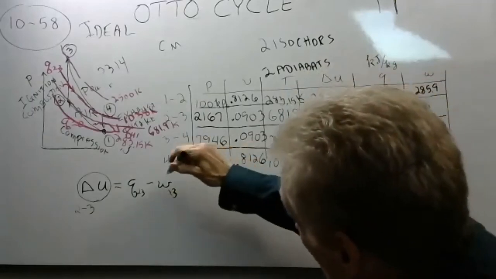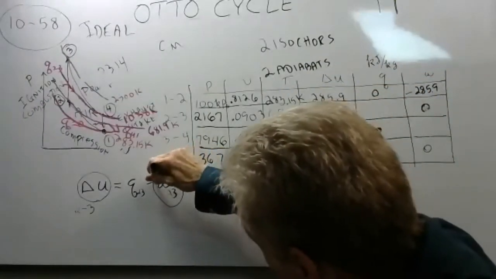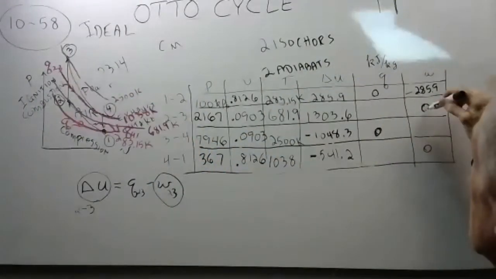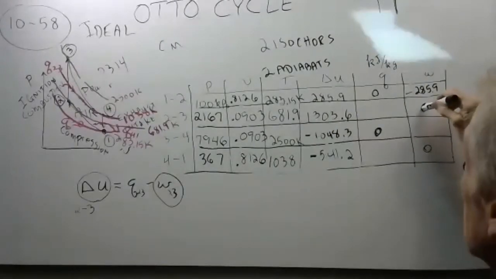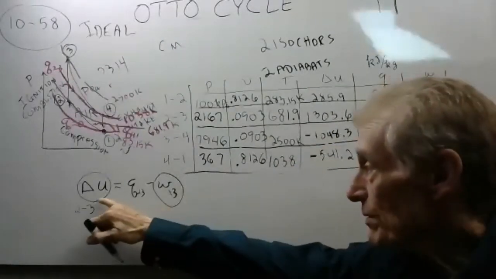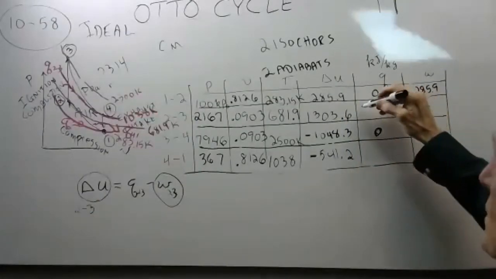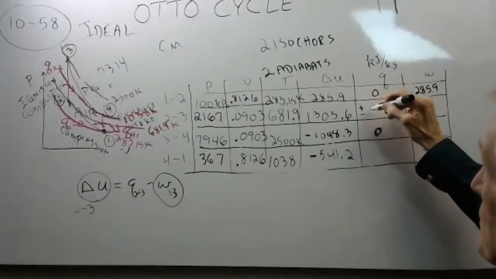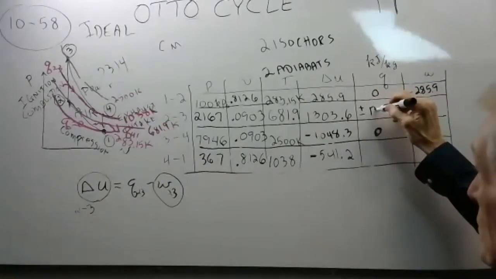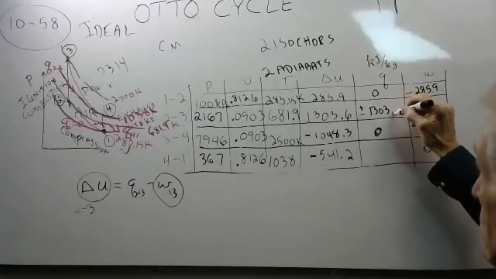And you know what the little W23 is, it's 0. So if we know what that is, we should be able to get that. Now guys, this is either plus or minus 1303.6.